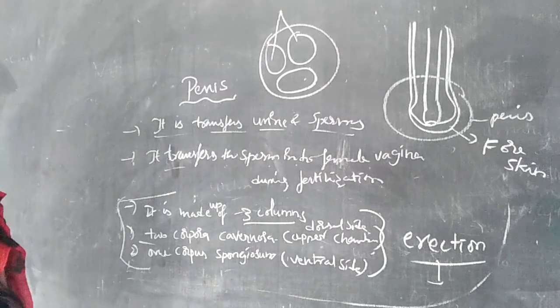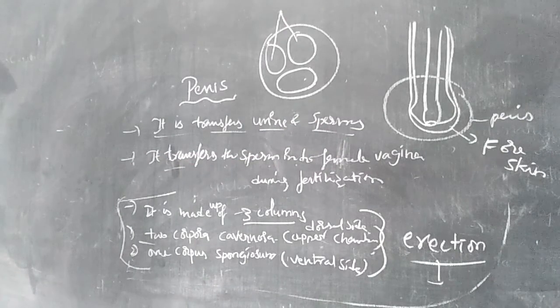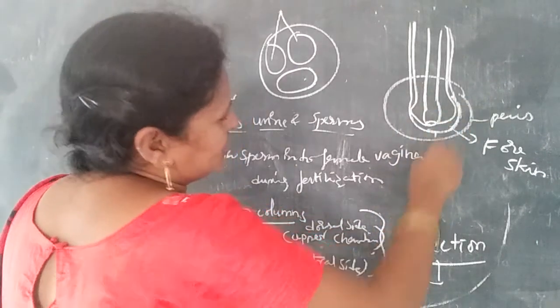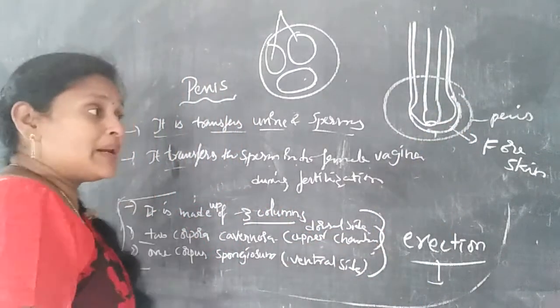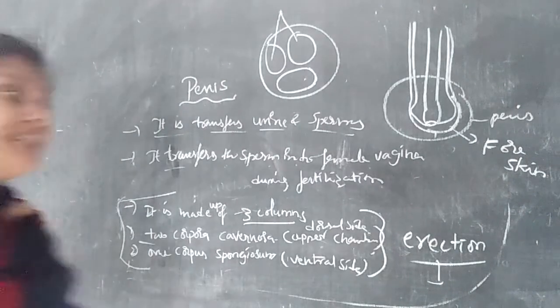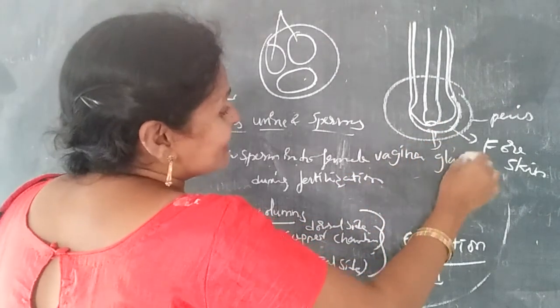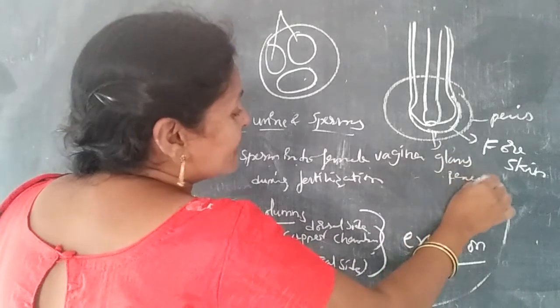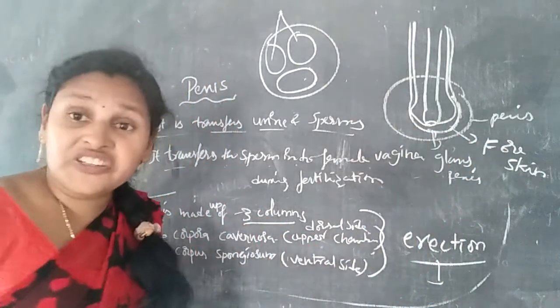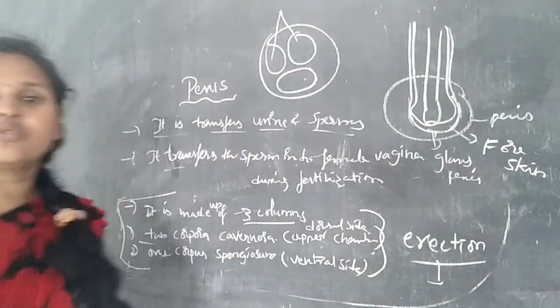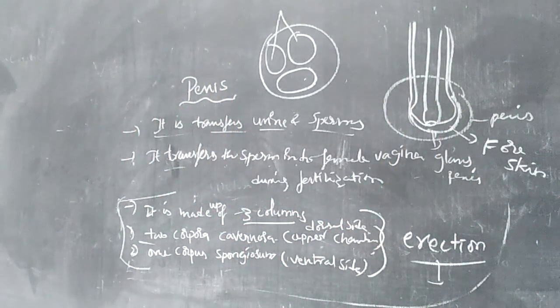The penis has an enlarged, bulb-like structure, so it is also called the glans penis. It is a transparent structure. So that is the glans penis.